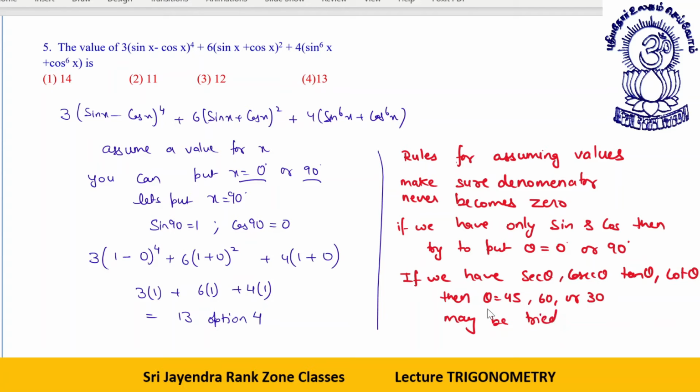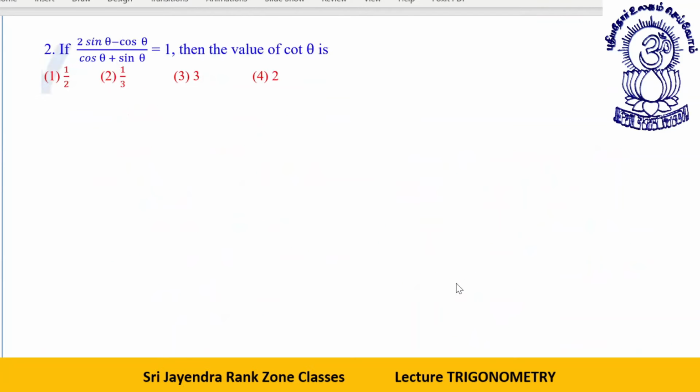But the best approach is theta is equal to 45. Theta is equal to 45 may be tried, or theta is equal to 30, 60 if need arises. I will start with theta is equal to 45. This will save a lot of time. Okay, clear? Next one.